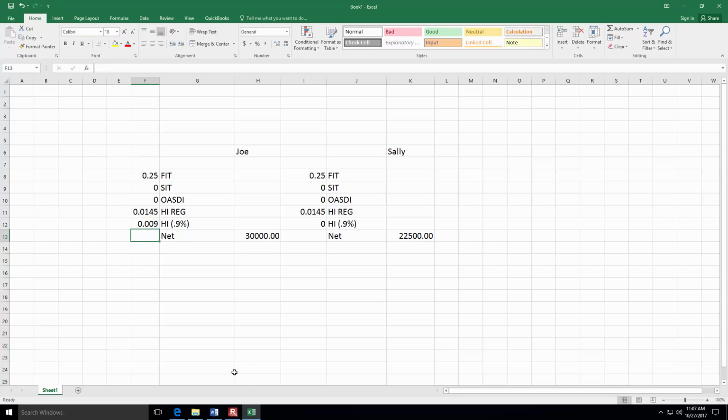So the next thing then to do is to sum up. No, it's 0.009 is how you put in 0.9%, right? So you've got to move your decimal place over 2.